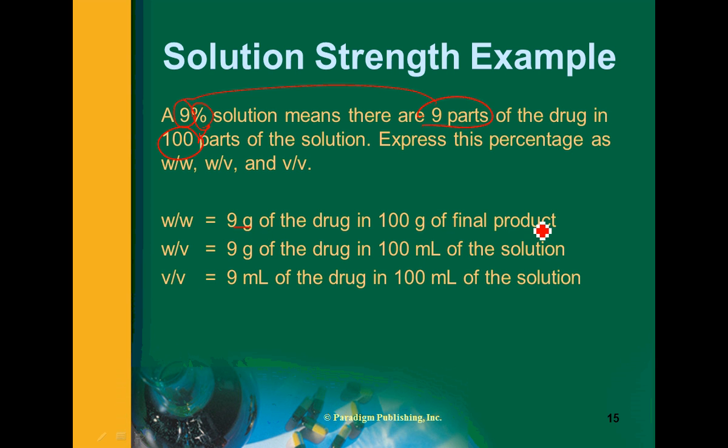Weight and weight is grams and grams, weight and volume is grams and milliliters, or you can have milliliters and milliliters. An example would be if you were to express 1% hydrocortisone cream as weight and weight: 1 gram of the drug, hydrocortisone, in 100 grams of the final product.